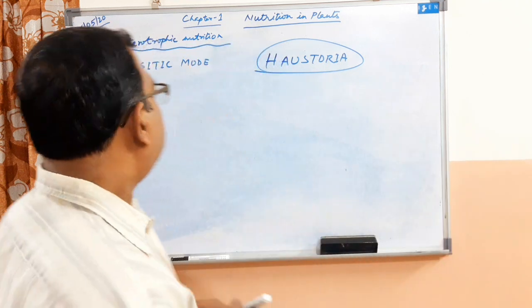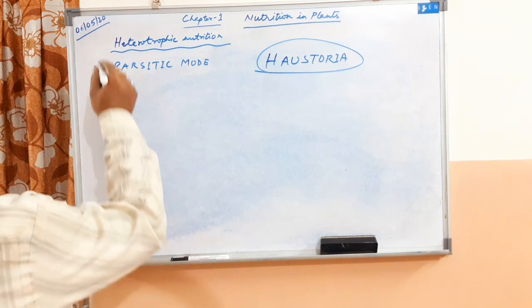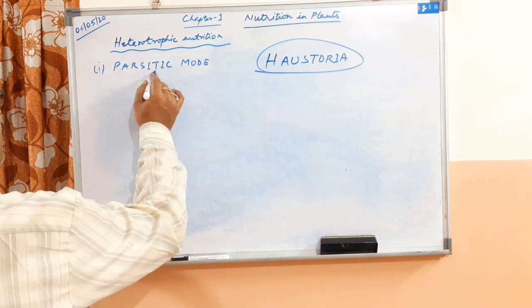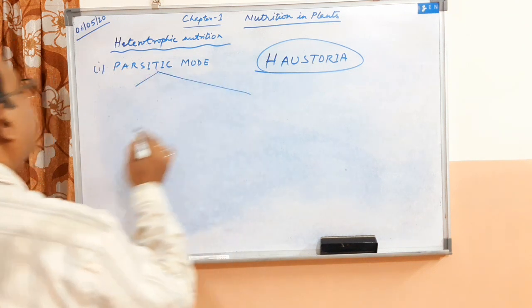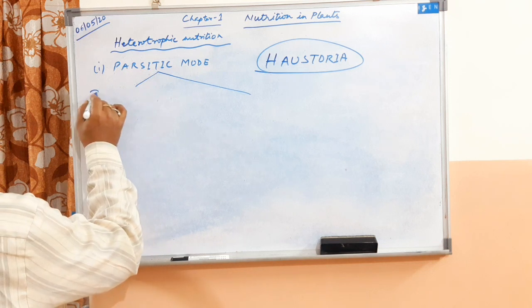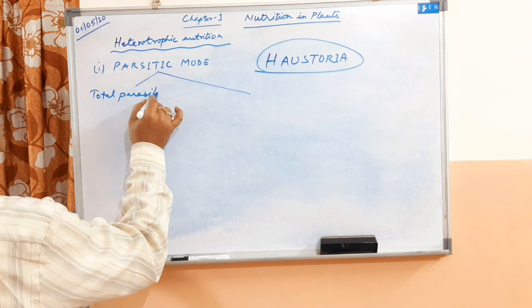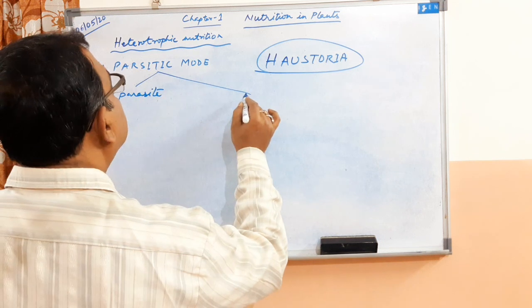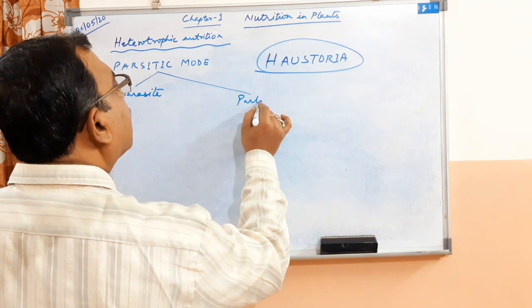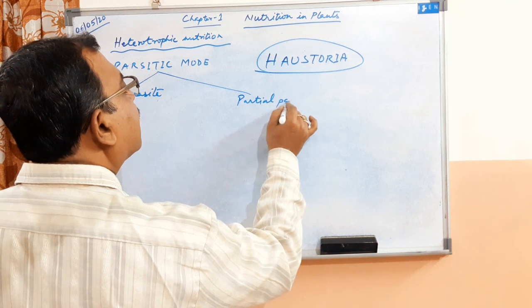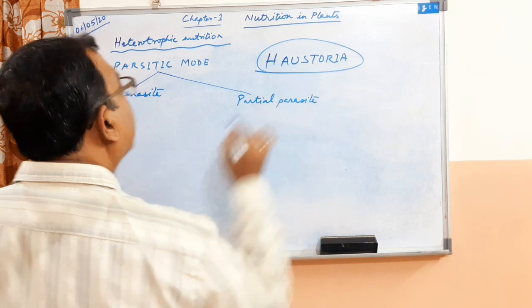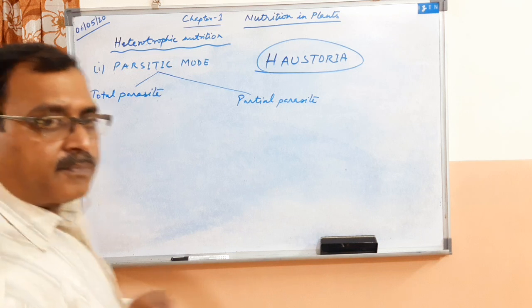Now these parasitic plants are of two types. One is called total parasite. Another is called partial parasite. Now, what is the difference?